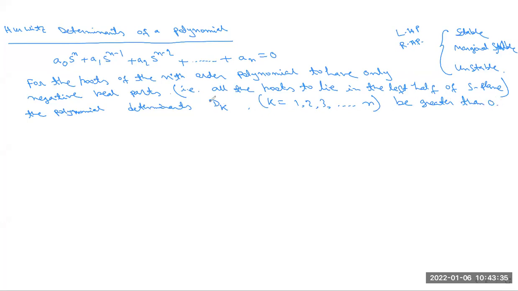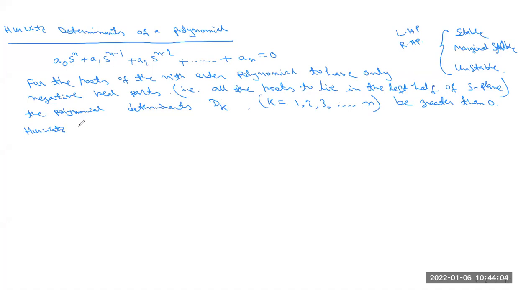So this is basically the polynomial determinants of the Hurwitz criteria Dk, and k's value is 1, 2, 3, dot dot dot, n number of terms, and the value is always greater than 0. Okay, is it clear, all of you? Yes, sir. Anyone, any doubt or any questions, please ask me.